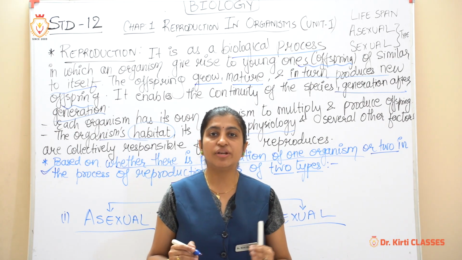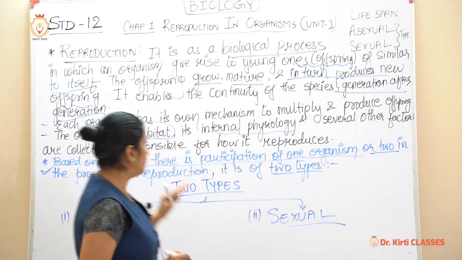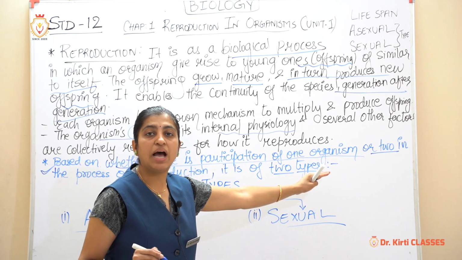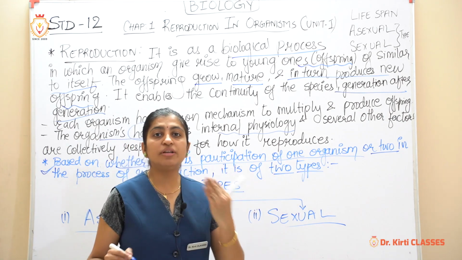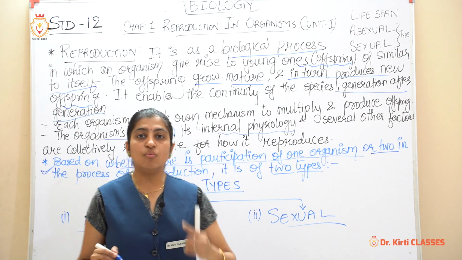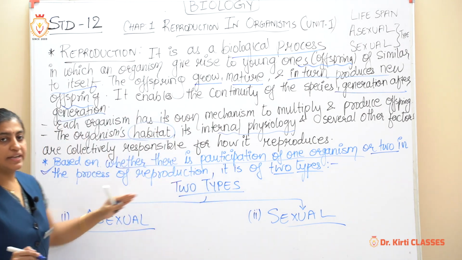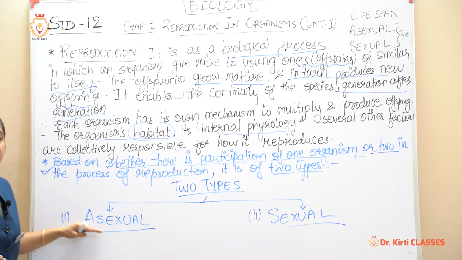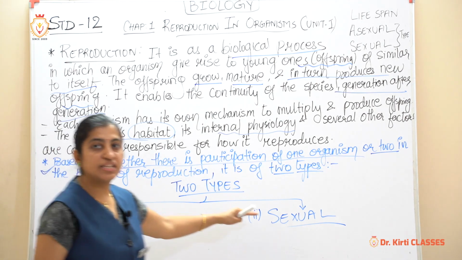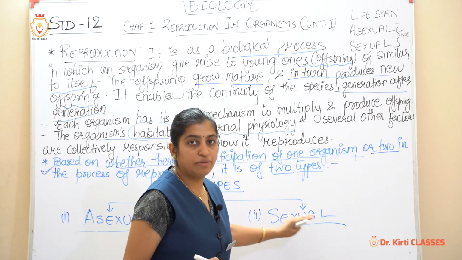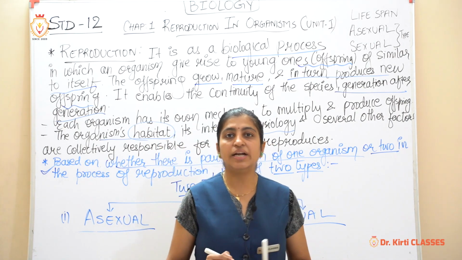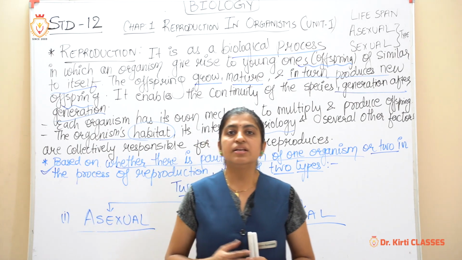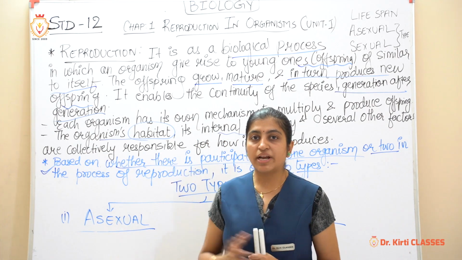This sentence is very important: based on how many organisms participate in the production of a new offspring, one or two, it is divided into two types. Number one, asexual reproduction, and number two, sexual reproduction. Here we will see the detailed types of asexual and sexual in the next part. Please write down this note.